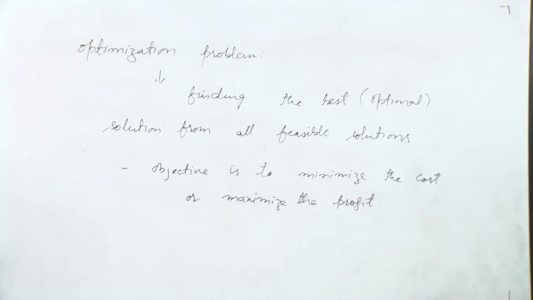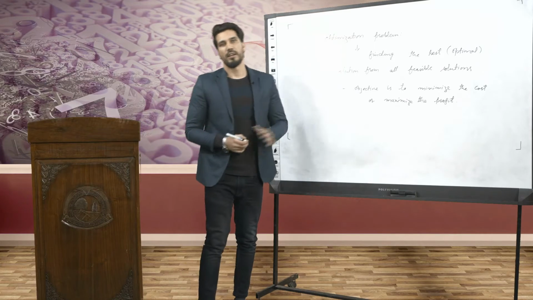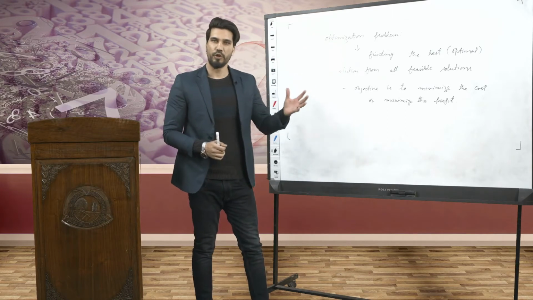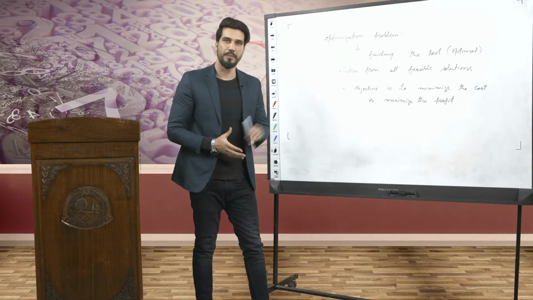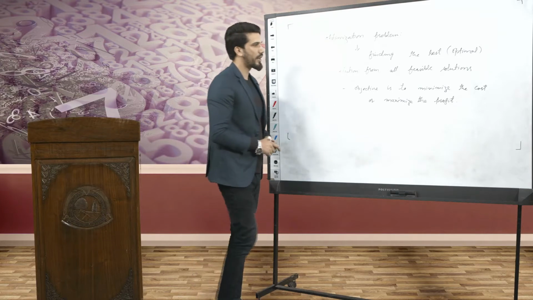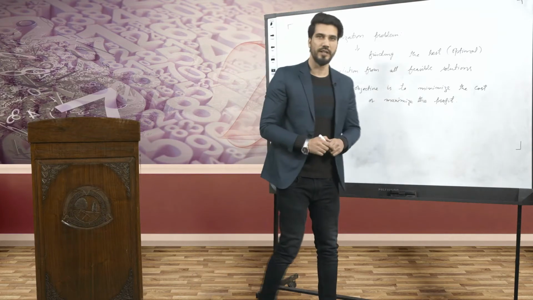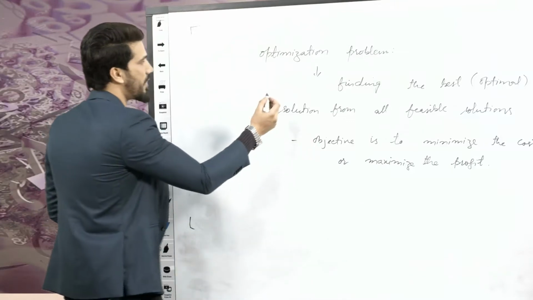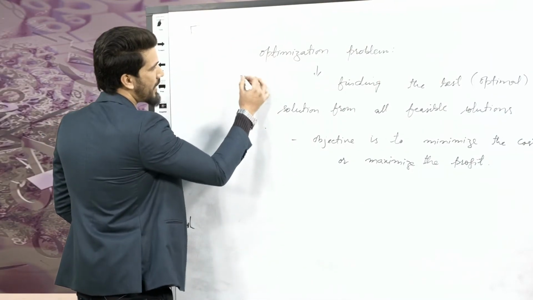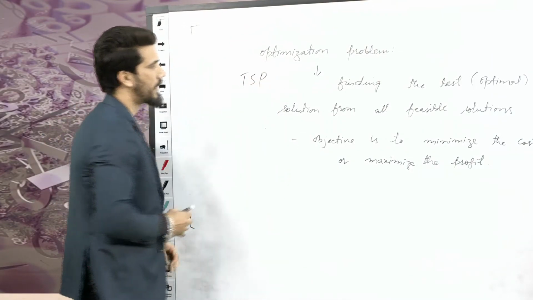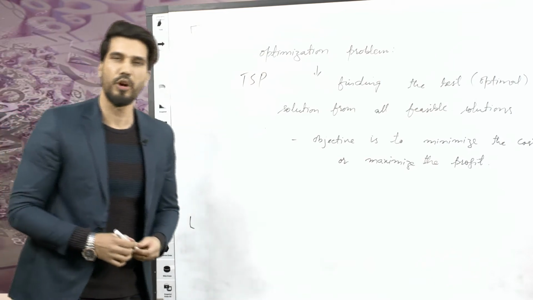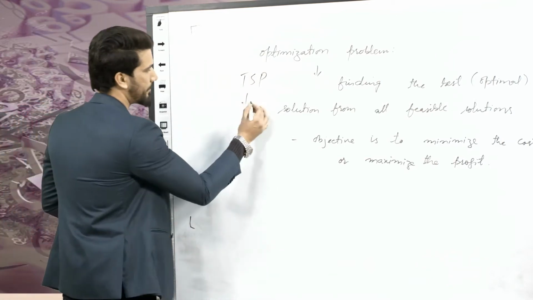We can have two cases of optimization problems where we want to minimize the cost or maximize the profit. For example, as far as minimization of cost is concerned, we can think of a problem which is really famous, also known as TSP. Traveling salesperson problem, TSP.